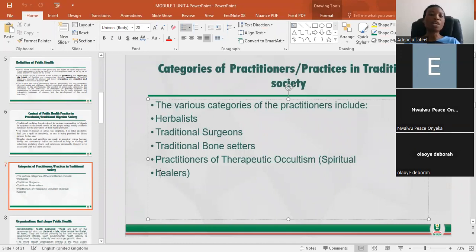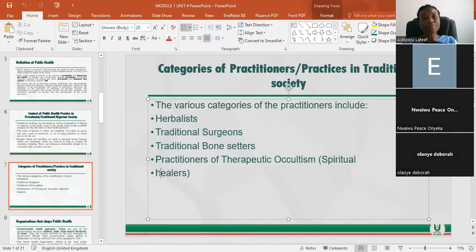When we say herbalist, what comes to your mind when you hear the word herbalist? Herbs. You are right. But in a broader way, when we hear the word herbalist, we know that largely what they do is make use of herbs, that is medicinal plants or part of a plant, to cure disease.